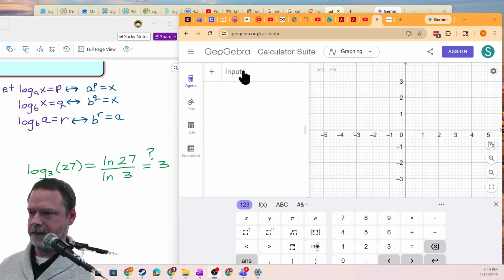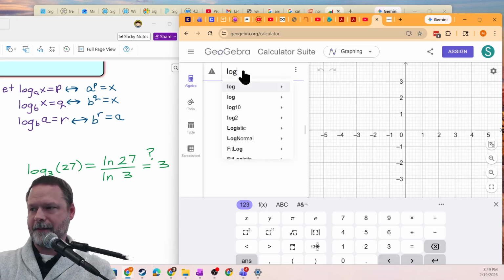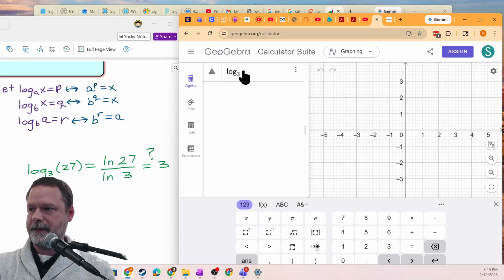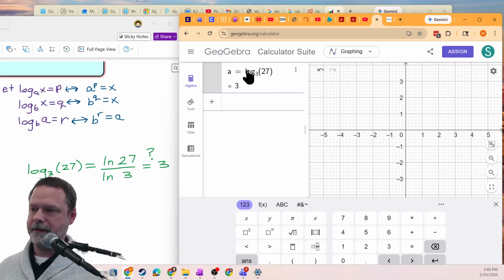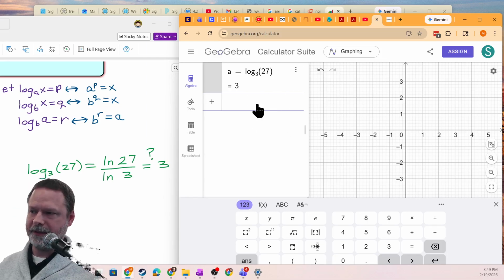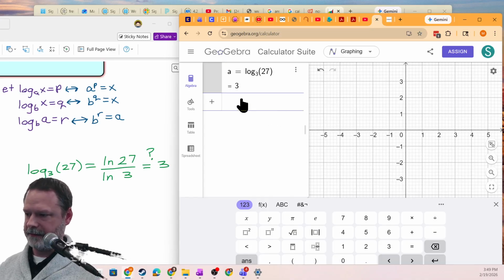All right, so here it is. First, log base 3. I'm just going to type in log, hit shift underscore to get my base in there, 3 of 27. It's 3. That's also an example of how to use GeoGebra, or any calculator. Desmos works exactly the same way, I believe.